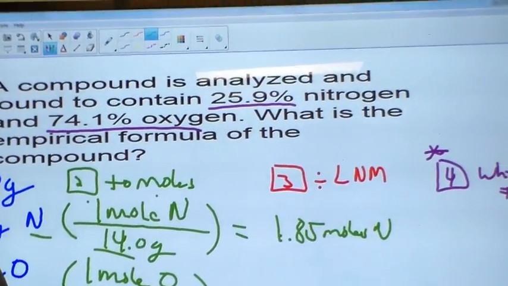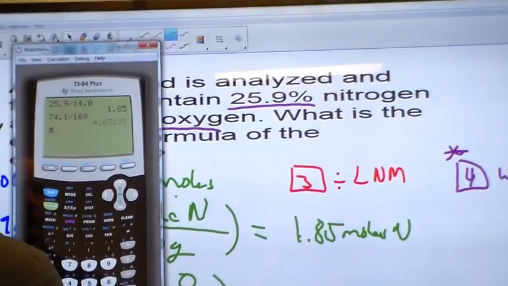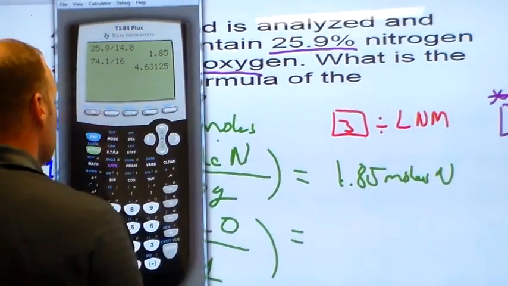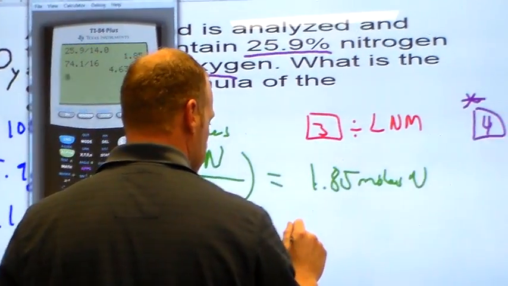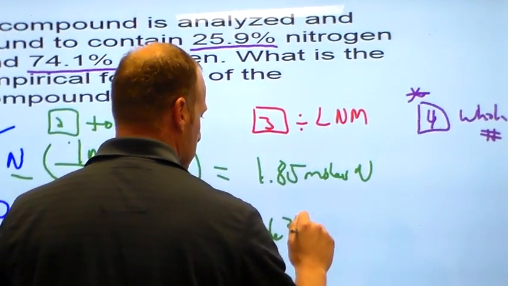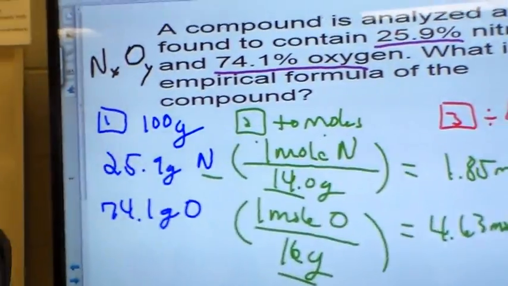Okay, and then we would have 74.1 divided by 16. That would give us 4.63. Y'all need to check my numbers. You've got to make sure I don't mess up.